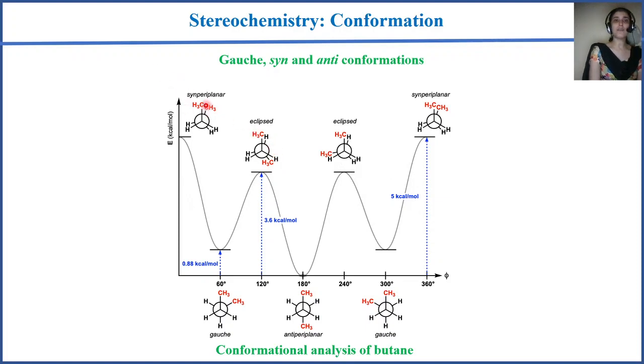Here in this eclipsed conformation, there are 1 methyl-methyl interaction and 2 hydrogen-hydrogen interactions. But in this eclipsed conformation, there are 2 CH3-H interactions and 1 H-H interaction. Now, if we rotate this one, in this case the 2 methyls are 60 degrees apart, but in this case the 2 methyls are at 180-degree separation between them.